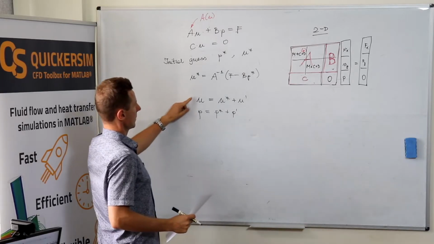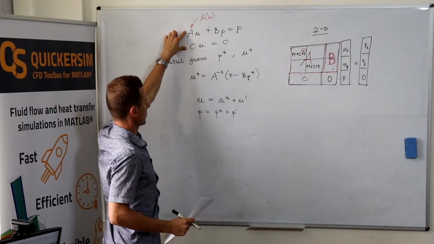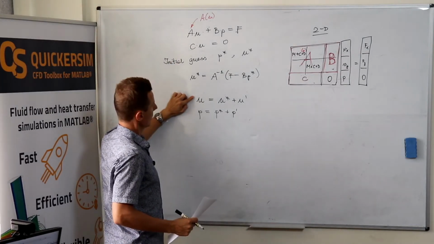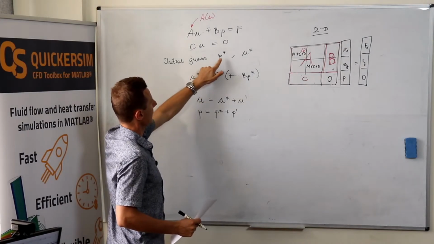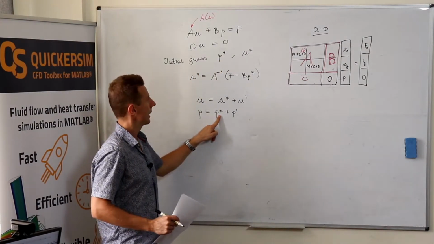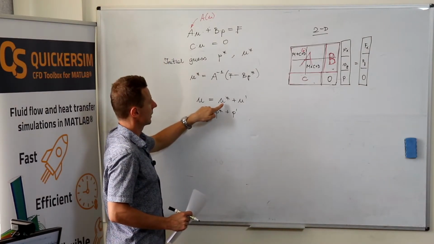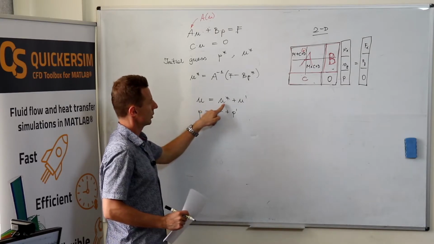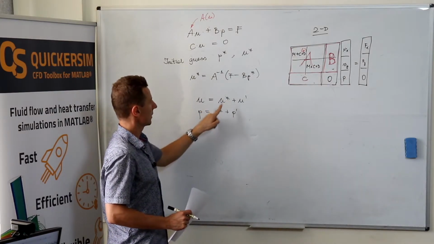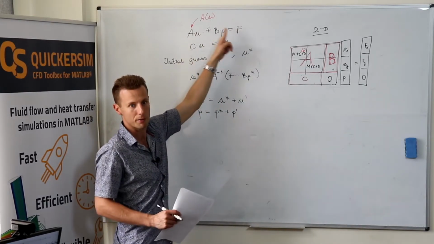This system of linear equations is written for U and P. We made some initial guess P star at the beginning, and using the equation, we calculated U star. So already we know that P star and U star also satisfy this equation.